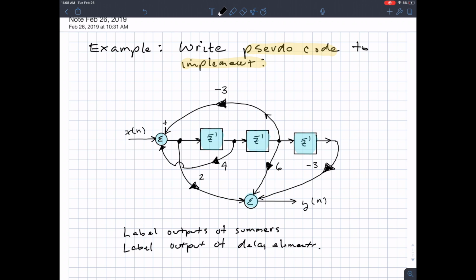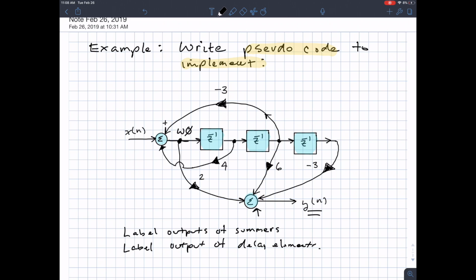Okay, so this particular summer, this one right here, is already labeled. The output is y of n. All right, this summer, the output, we can call that W0. So that'd be the output of this summer. All right, so we have the summer outputs labeled.